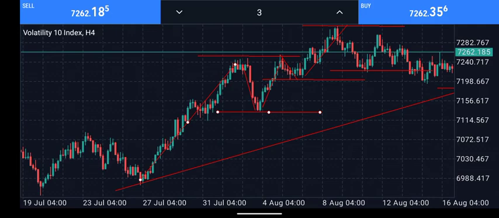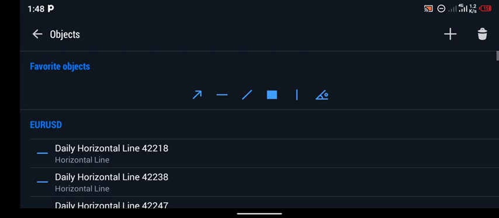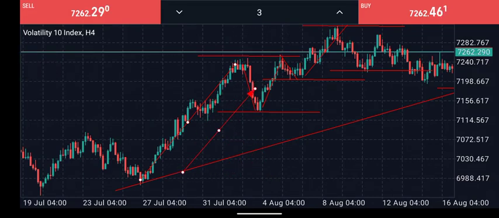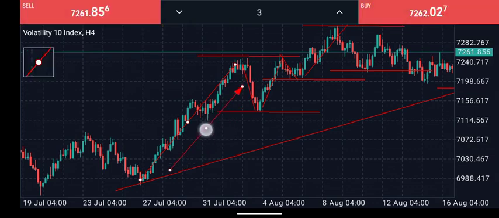This higher low now is what we call retracement. Some call it pullback. So when the market is retracing, it means that it wants to form a lower low or a higher low, or that there's a pullback.